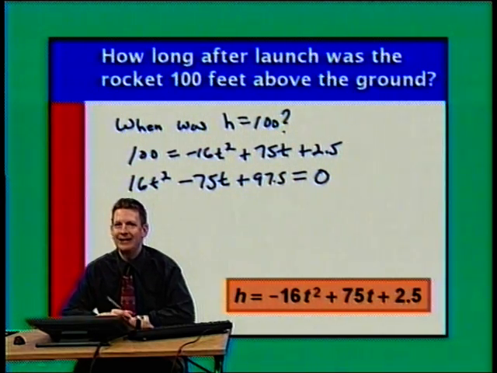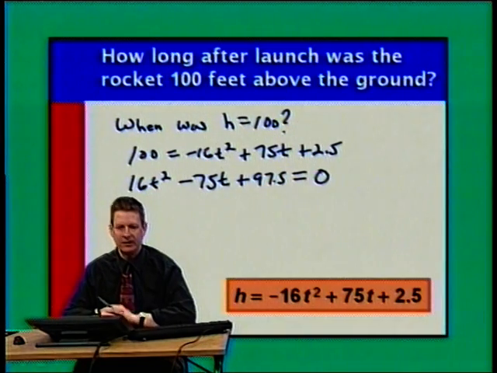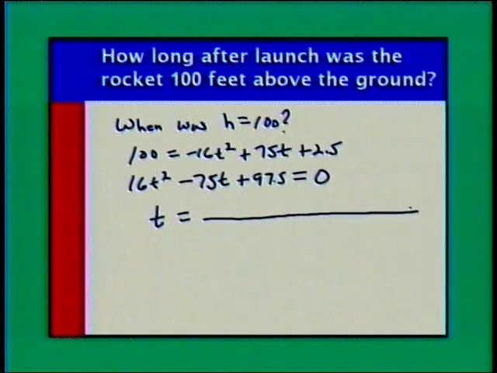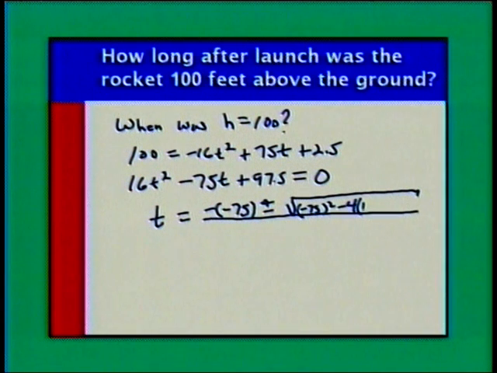Again, just like in the last example, I think I'm going to use the quadratic formula to solve this equation. So that's going to give me t equals the opposite of negative 75 plus or minus the square root of the square of negative 75 minus 4 times 16 times 97.5, and this is all happening over 2 times 16.